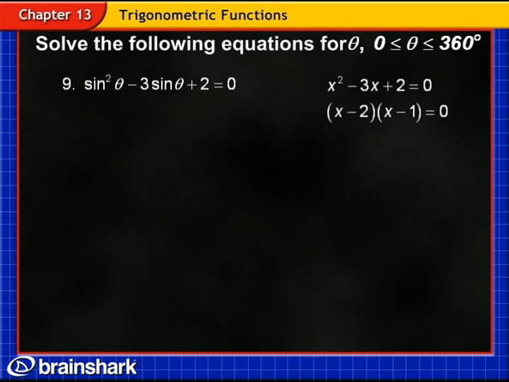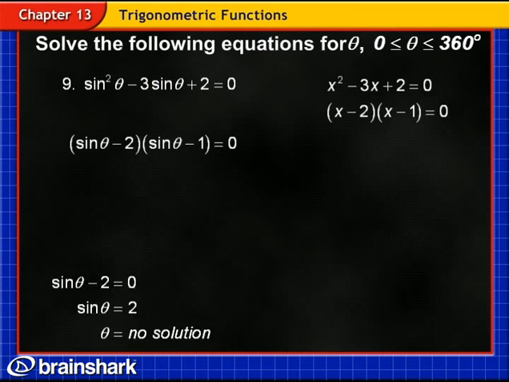I can factor x squared minus 3x plus 2 into x minus 2 and x minus 1. If you want, write it in terms of x's, factor it, and then you can go back and put in your signs. So if this factors into x minus 2 and x minus 1, what we really have is sine of theta minus 2 times sine of theta minus 1.